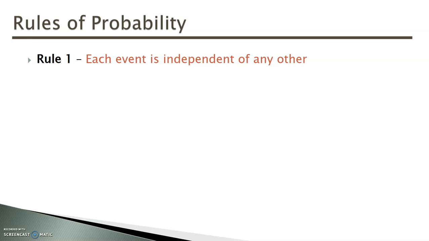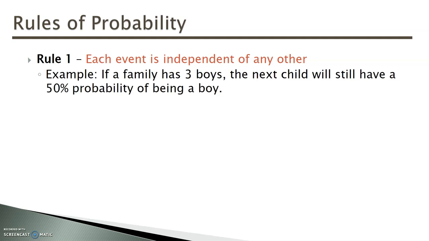First rule, very important. Every event is independent of the one before it, which means if you're flipping a coin, if you flip heads the first time, the next time you flip the coin, heads is just as likely as it was the first time. One of the funnest examples to look at is when you start talking about how families have babies and how many of them are boys versus girls.